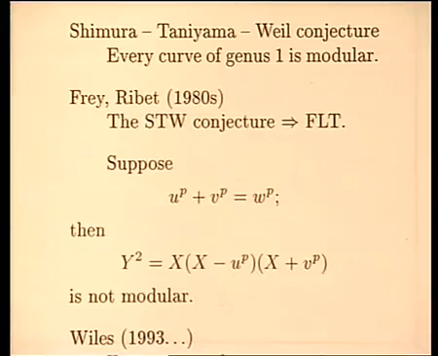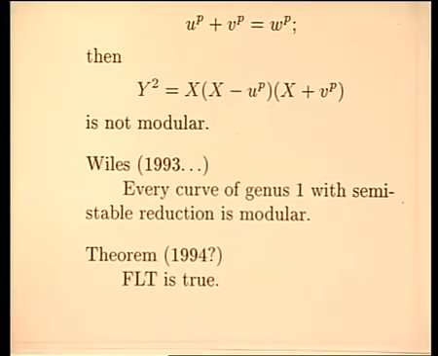So if there is a counterexample to Fermat's theorem, then the construction of Frey gives a counterexample to the Shimura-Taniyama-Weil conjecture. And what Andrew Wiles claimed in 1993 was that every curve of genus 1 with a condition called semi-stable reduction, a condition satisfied by the Frey curve, is indeed modular. In other words, he claimed to have proved most of the Shimura-Taniyama-Weil conjecture. And from this, it is possible to deduce that Fermat's last theorem is true.